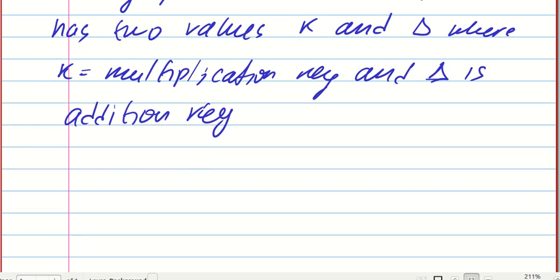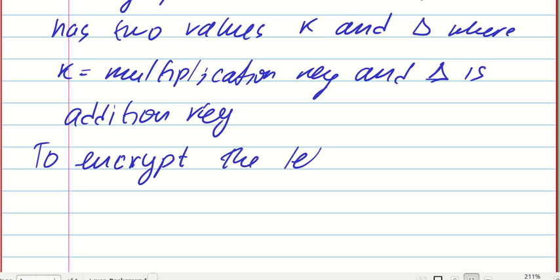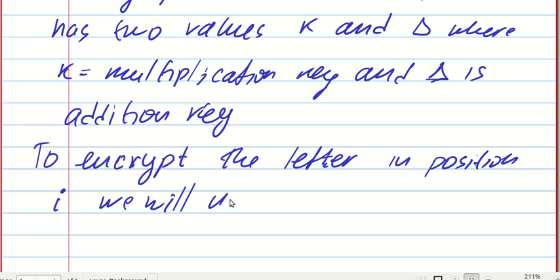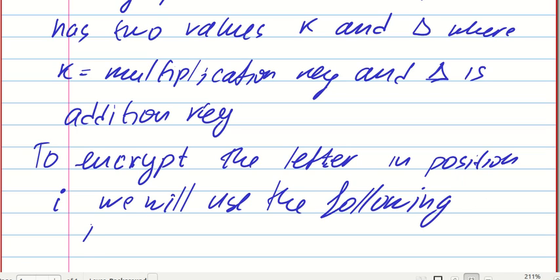So to encrypt the letter in position I, we will use the following formula.